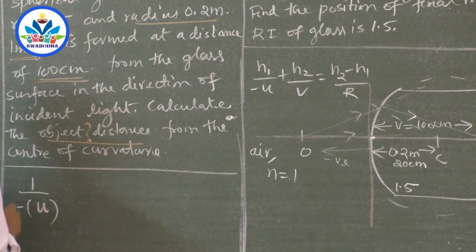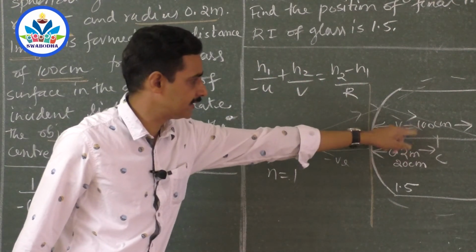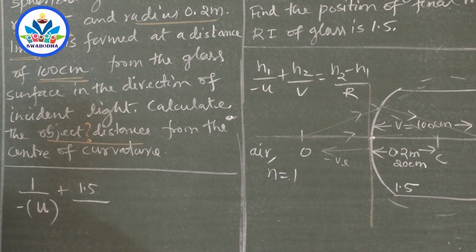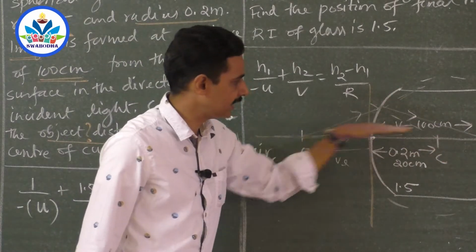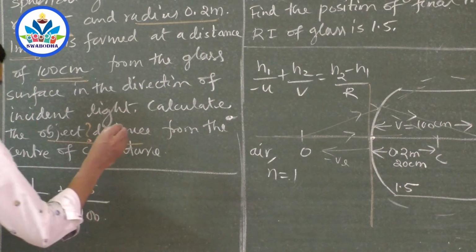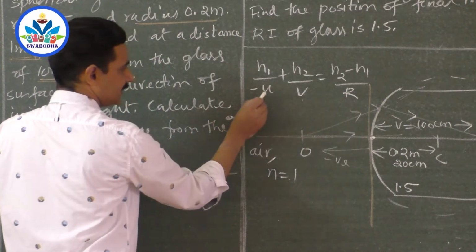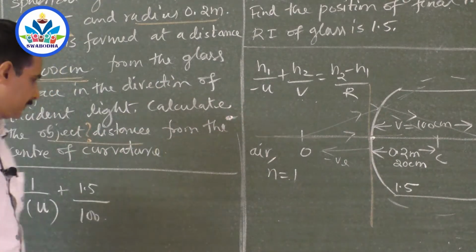But this is formula negative plus refractive index of the medium where refracted rays are present. This medium, refracted rays are in 1.5, divided by image distance. Image is formed at a distance of 100 centimeter in the direction of incident light, right side. It is plus 100. I will convert everything to centimeters because you have a distance. Suppose this is in meter, let everything be in meters. Suppose this is in centimeter, let everything be in centimeters.